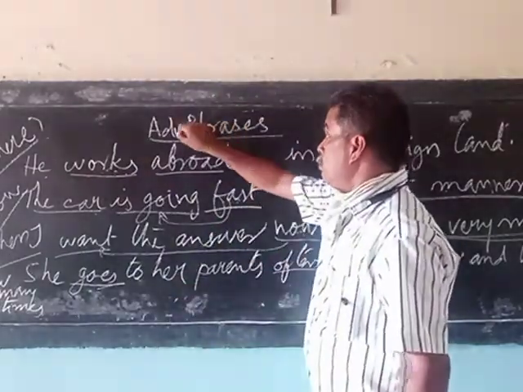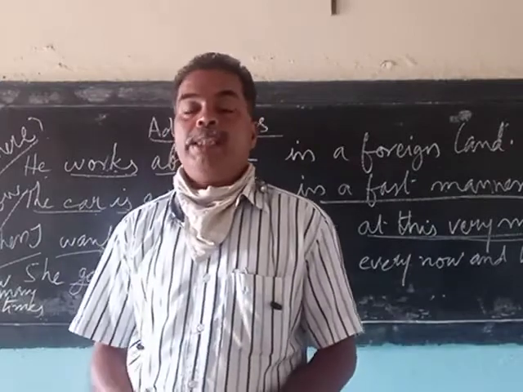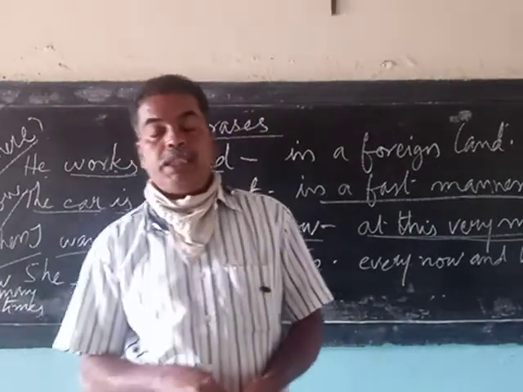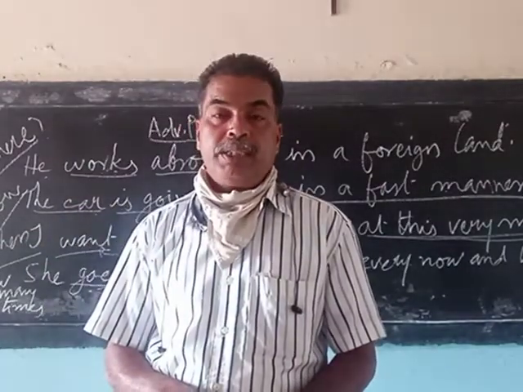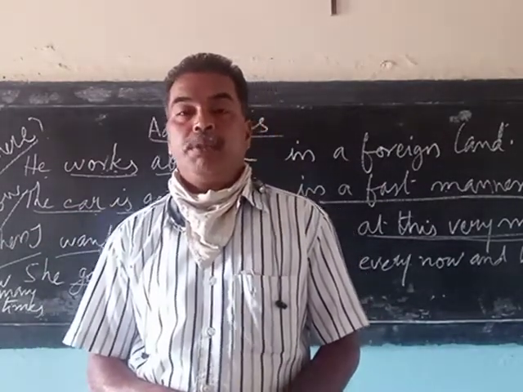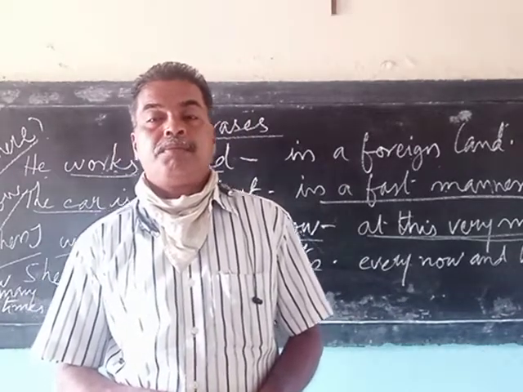In the class we discussed adverb phrases. In the previous class we had seen adjective phrases. When an adjective modifies a noun, an adjective phrase also modifies a noun, giving extra information about a noun.